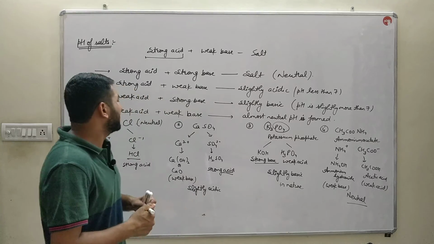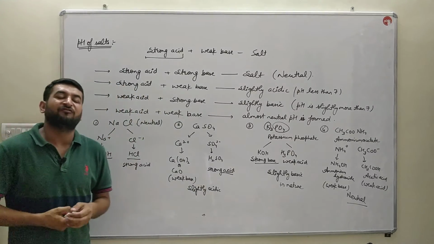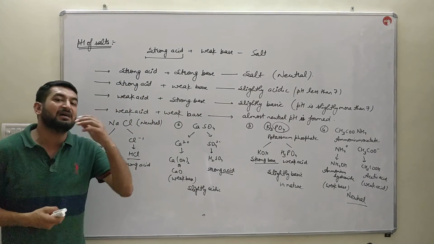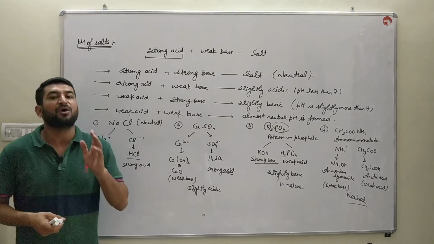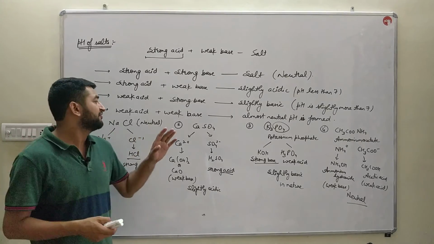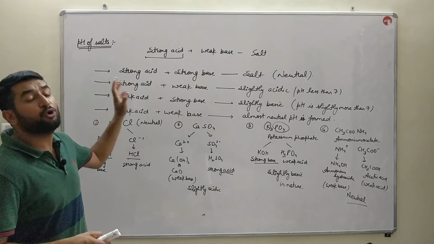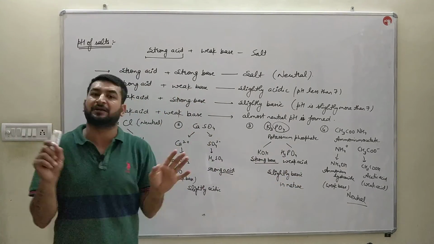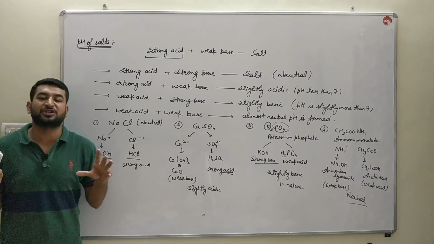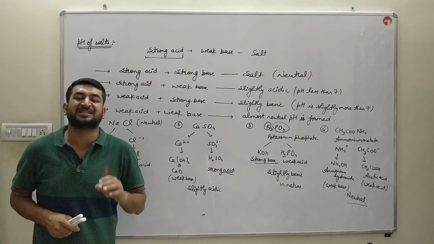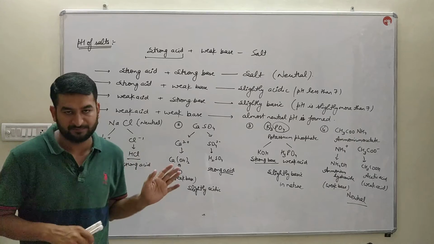So that's how you can find whether the nature of salt is either acidic, basic, or neutral. How? First, find the acid and base involved in it. If both the acid and base are strong or weak, then the salt is approximately neutral, that is its pH is approximately 7.